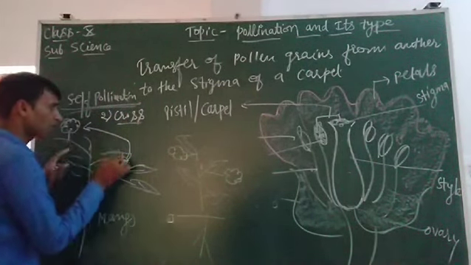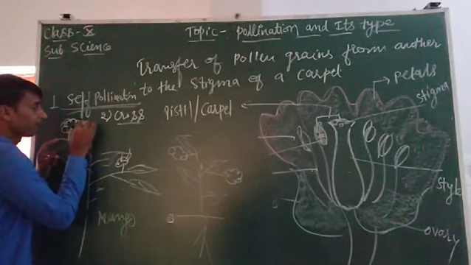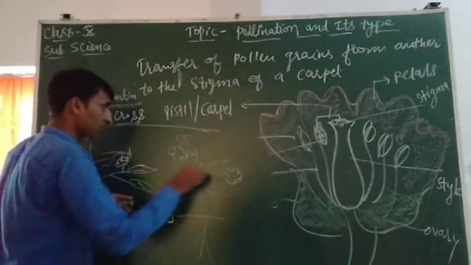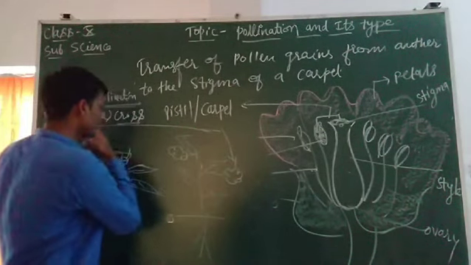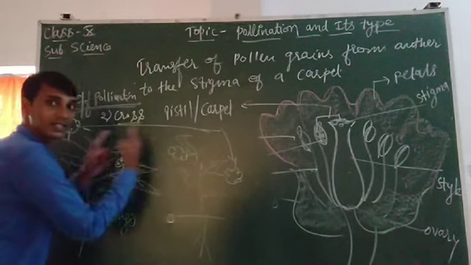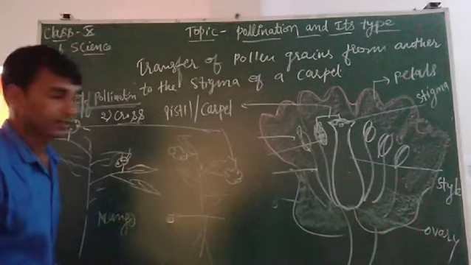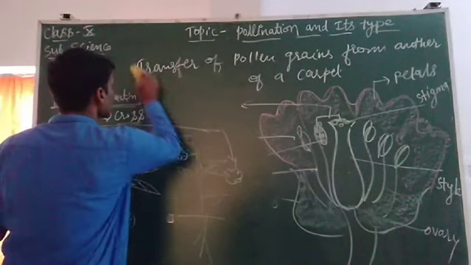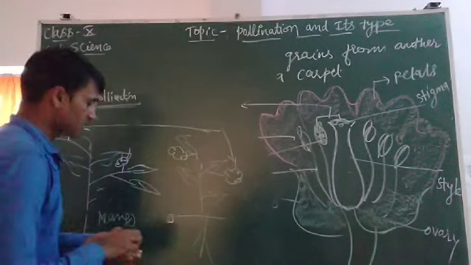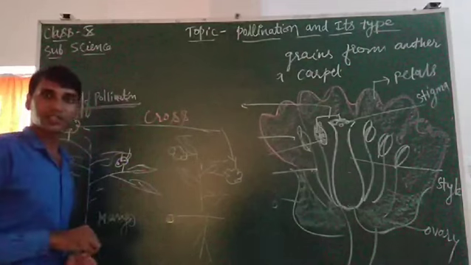It means transfer of pollen grains from the anther to the stigma of a different flower of the same species. Transfer from this flower to another mango of the same species, from here to here, is called cross pollination. So we can write here: this type of pollination is called cross pollination.